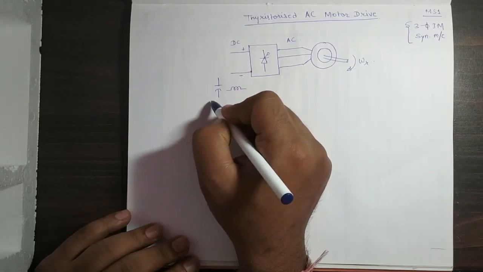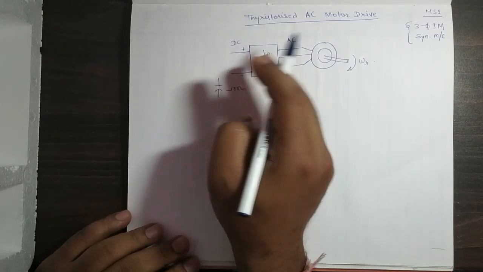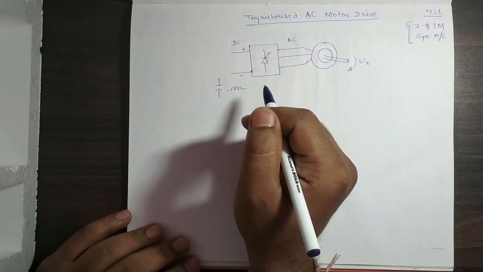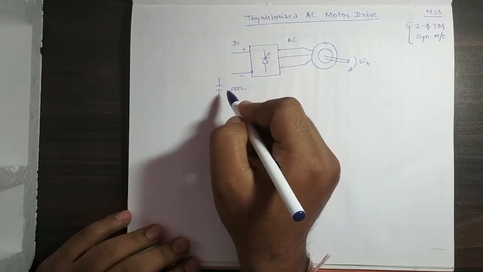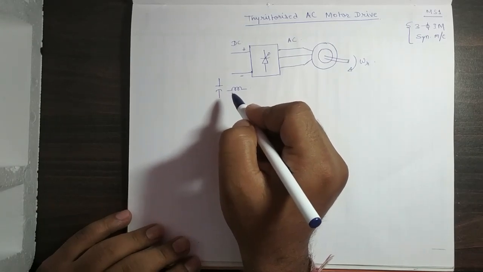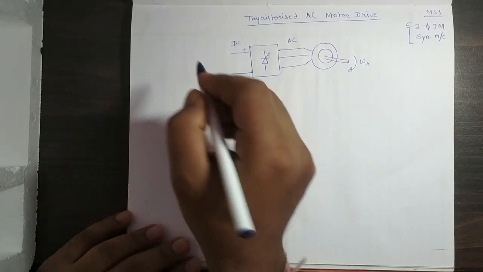If you are connecting a capacitor over here, then it is a VSI, a voltage source inverter, and if you are connecting an inductor over here, then it is a CSI, current source inverter.